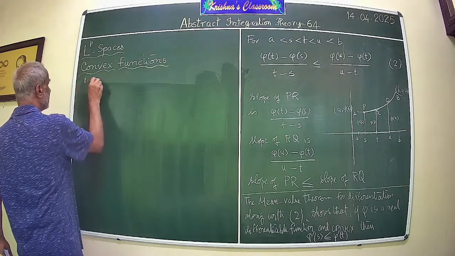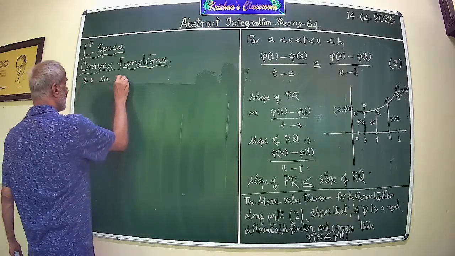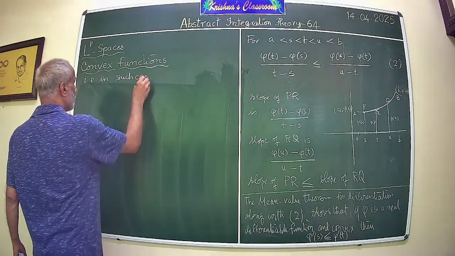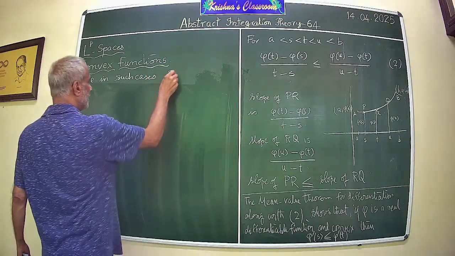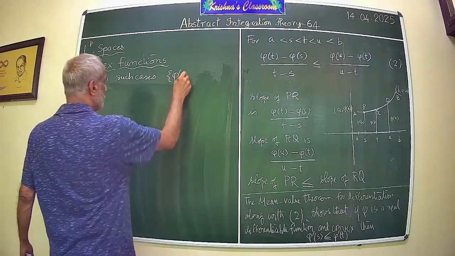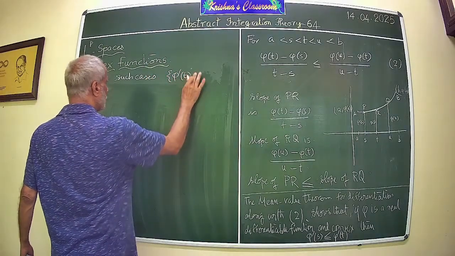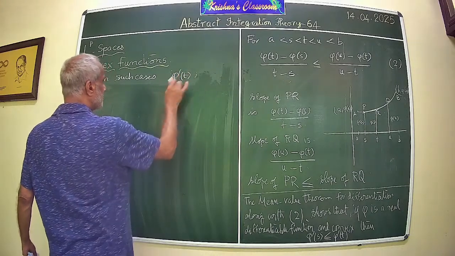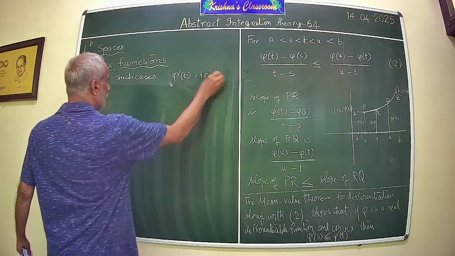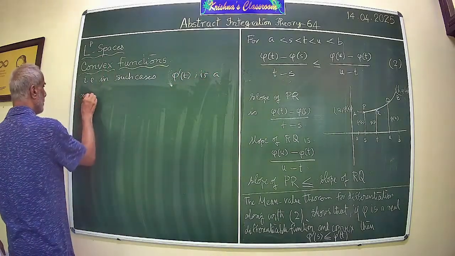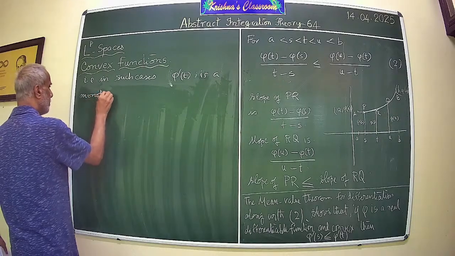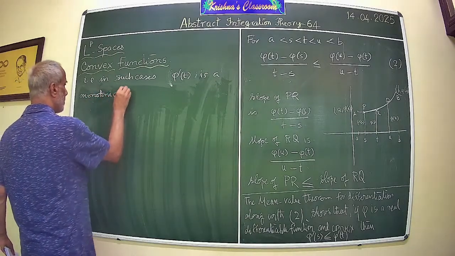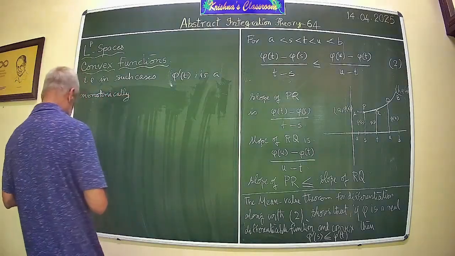That is, in such cases, phi derivative is a monotonic increasing function.